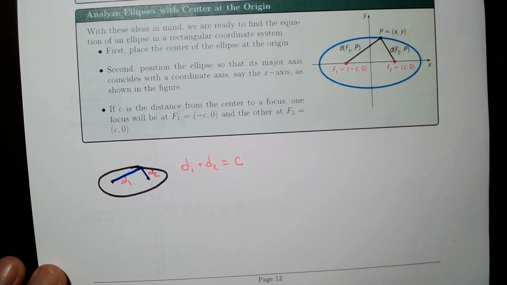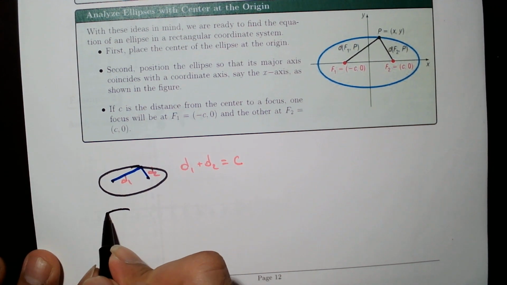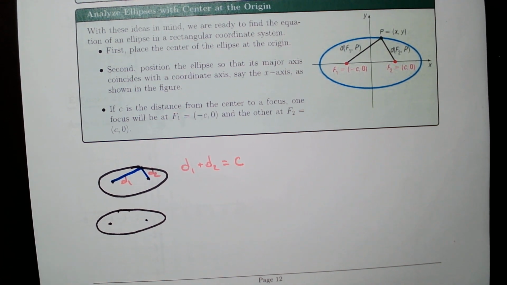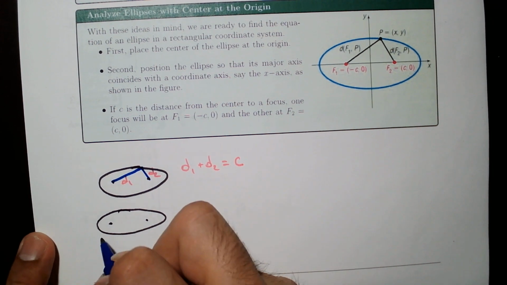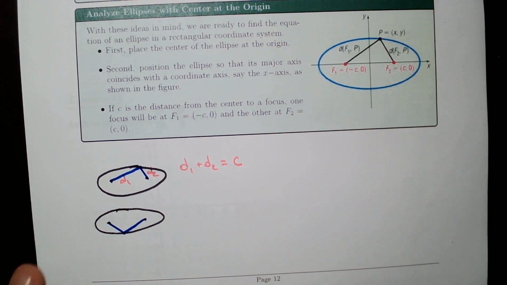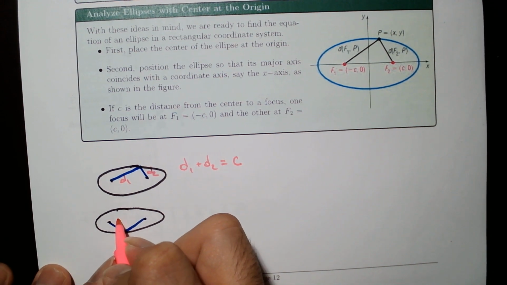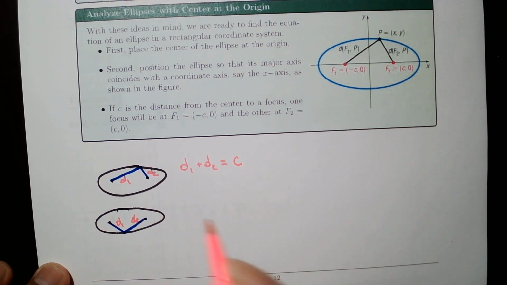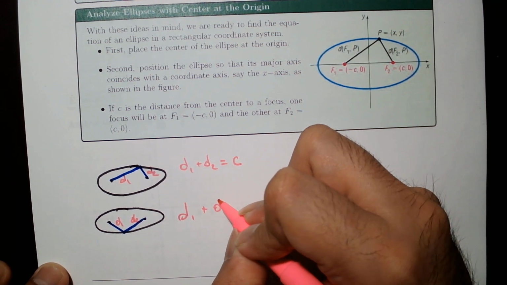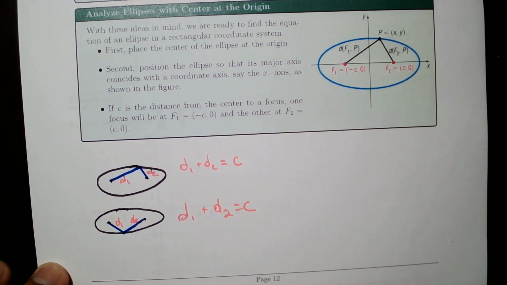Also, if I draw another ellipse and its corresponding foci, let's say this time I put them over here, this D1 and D2 will also be the same.